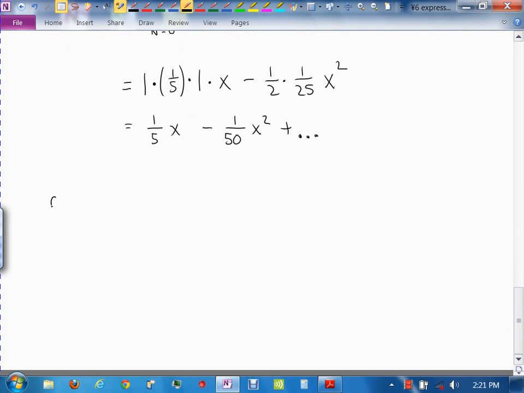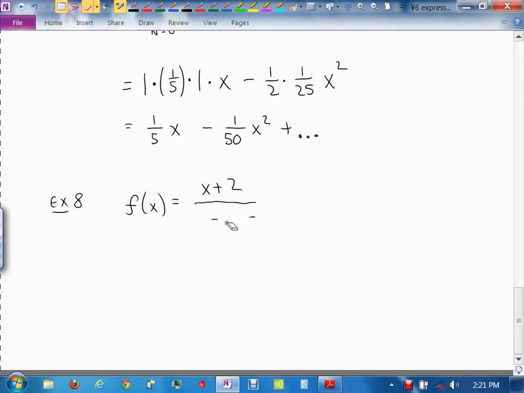Example 8. Same instructions. Express this as a power series: x plus 2 over 2x plus 1 times x minus 1. Oh man, I kind of presented the problem wrong.